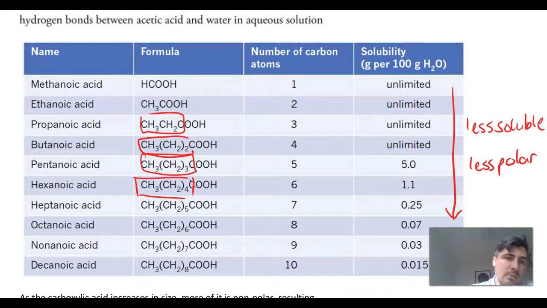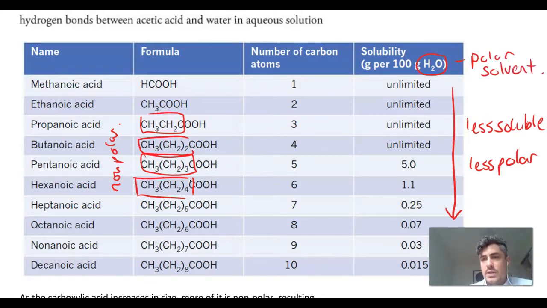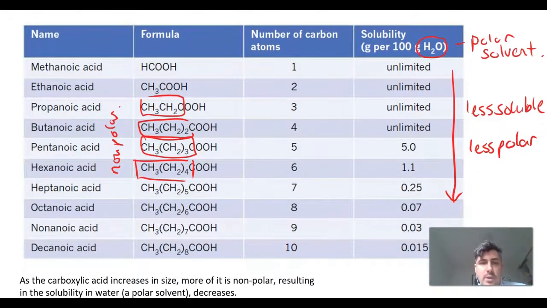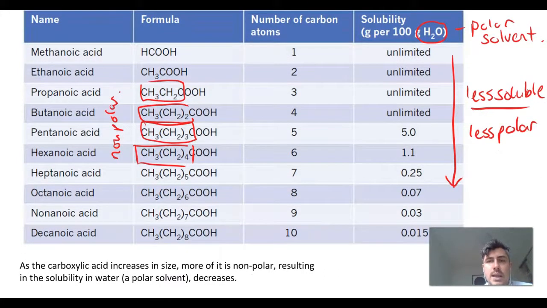This is the non-polar end of the molecule. And therefore, because water is a polar solvent, and polar solvents like to dissolve polar molecules, it means that as this is getting bigger and bigger and less polar, it becomes less soluble in water. So you can see that happening here, gradually losing solubility.